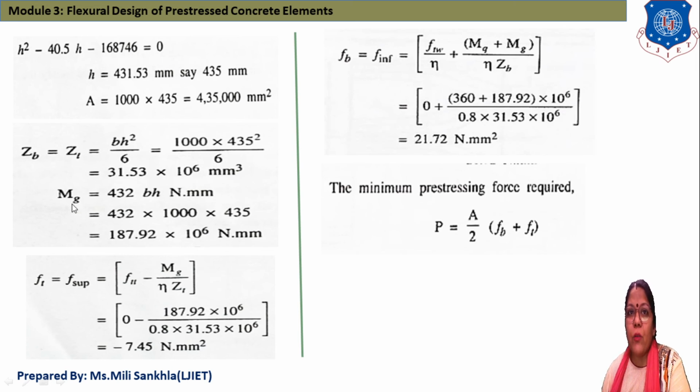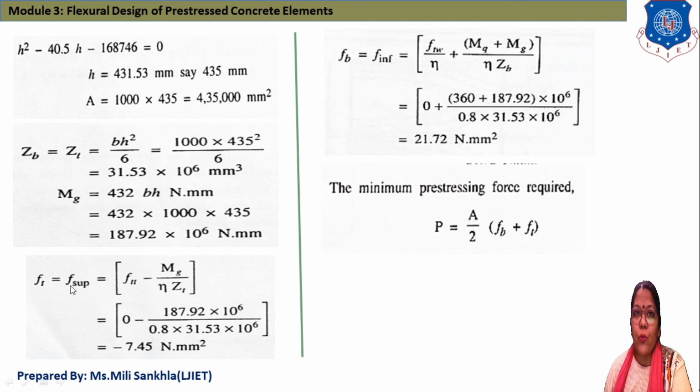Now we find out moment due to self-weight, that is 432 into B into H. B is equal to 1000, H is equal to 435. Then moment due to the self-weight or dead load is equal to 187.92 into 10⁶ Newton into mm.